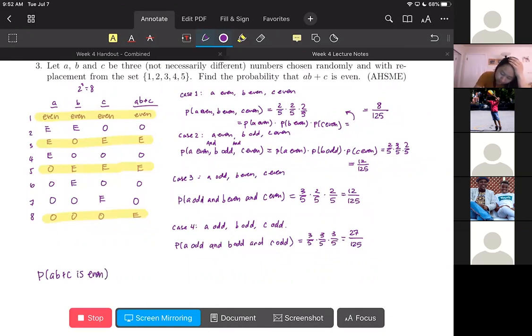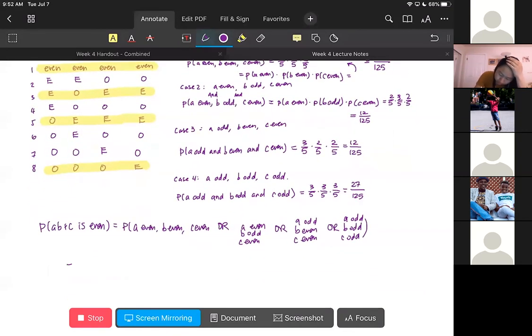Because the probability A plus B plus C is even equals the probability A even, B even, C even, or A even, B odd, sorry, let's do or A odd, B even, C even, or A odd, B odd, C odd.